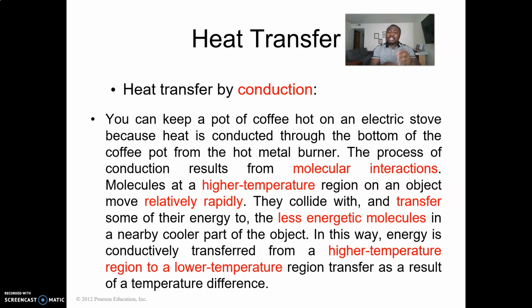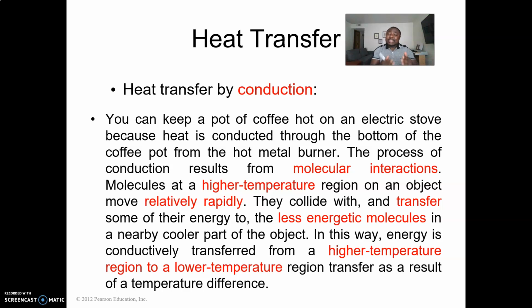With collision, one atom collides with the other and transfers its energy from the hot to the cold atom, and that collision keeps going from the heated part of the metal to the end. As a result of that continuous collision between these atoms, finally at the end of the metal, the hand holding the metal feels hot, feels warm, because of that particular process, which we generally call conduction.